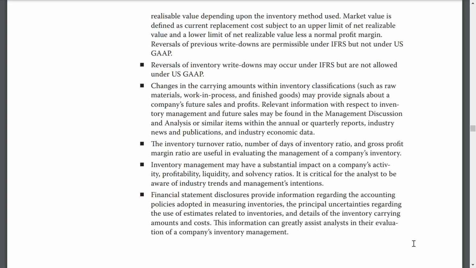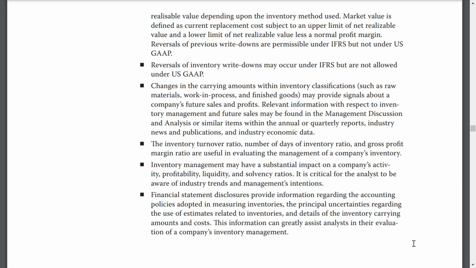Relevant information with respect to inventory management and future sales may be found in management discussion and analysis, in the annual or quarterly reports, industry news and publications, industry economic data, the inventory turnover ratio, number of days of inventory ratios, and the gross profit margin ratio, which are useful in evaluating the management of a company's inventory.